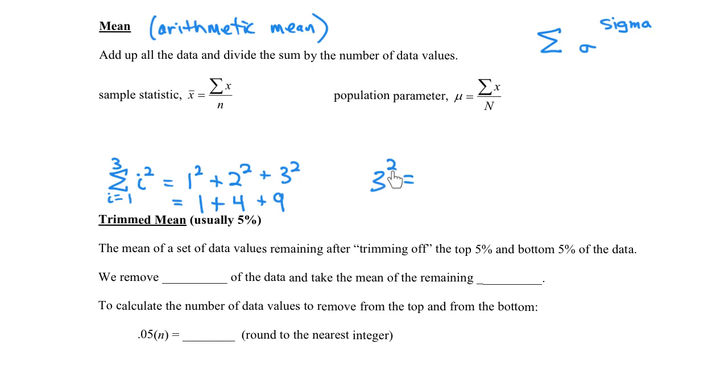It says take 2 of these things, line them up and multiply them together, right? Take 2 of these 3's, line them up and multiply them together, and you get 9. Right, so that's something squared. So then come over here, we just add these up. 1 plus 4 plus 9 is 14. So we would say this is 14.